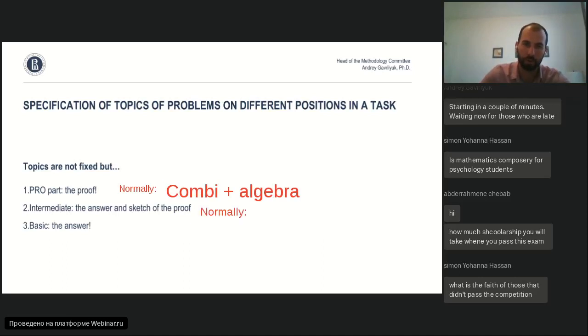So don't be too surprised. Some people say that combinatorics is everything in mathematics, which is hard to attribute to other groups. Other groups are geometry, algebra, and probably probability.